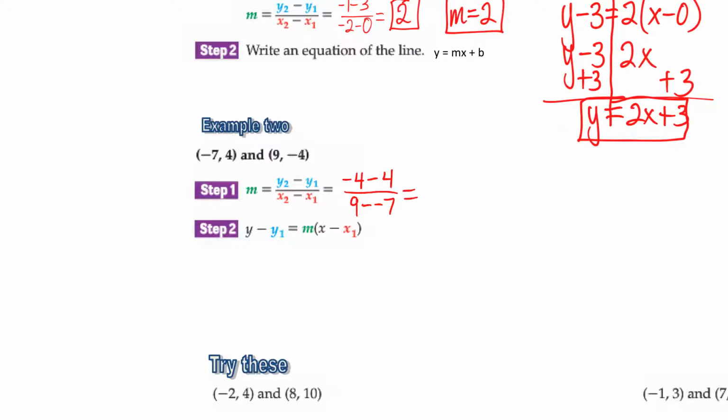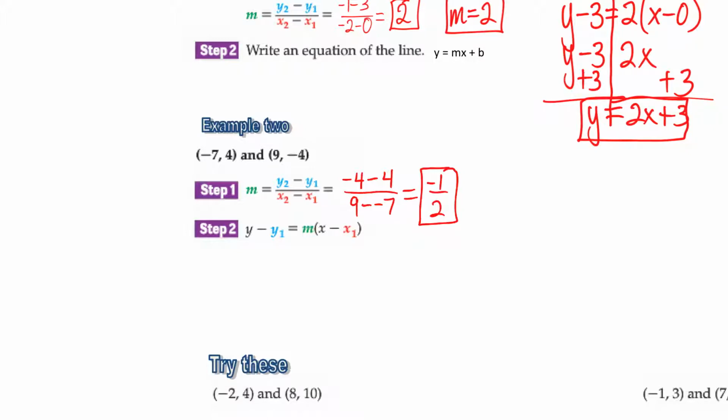Negative 7. What's that going to give me? Negative 8 over 16, which simplifies down to negative 1/2. Okay?